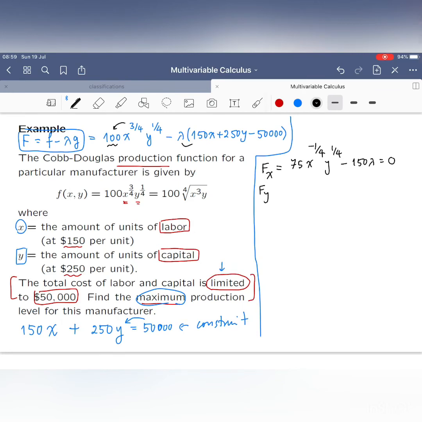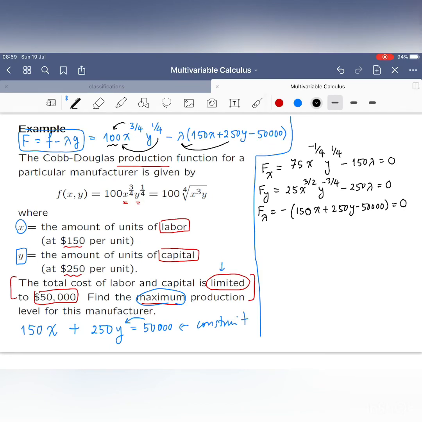And then your f sub y, the same thing. 1 over 4 will multiply with your 100. So you have 25 x to the power 3/4, y to the power negative 3/4, minus this one instead, 250 lambda. And then f sub lambda, as we told you, is going to be simply the negative of your g, make it equal to 0.